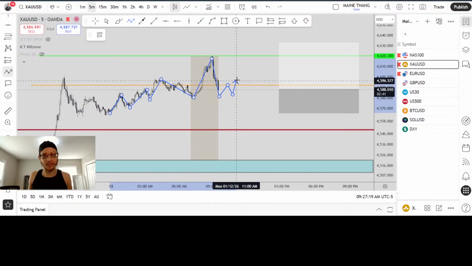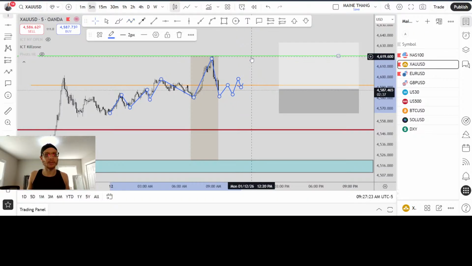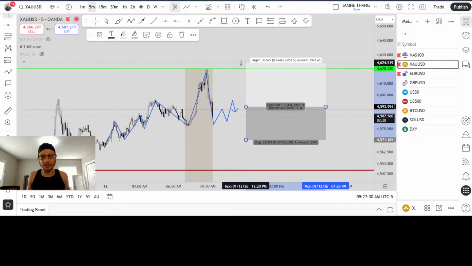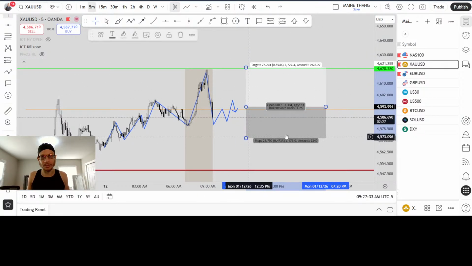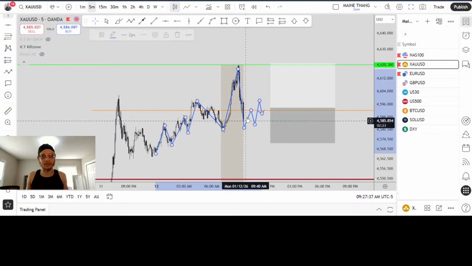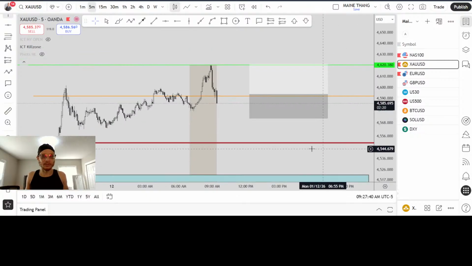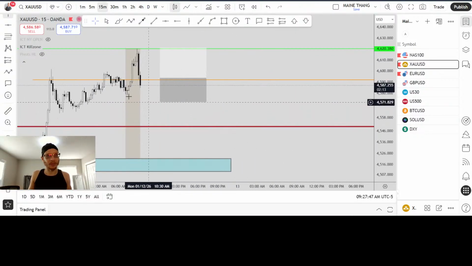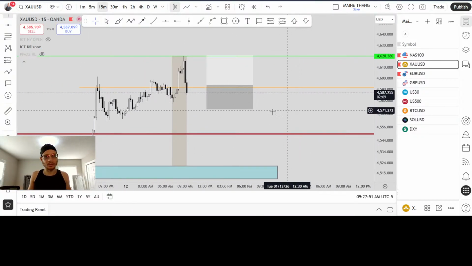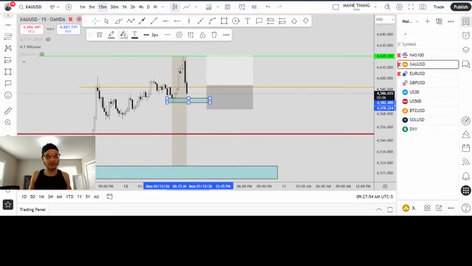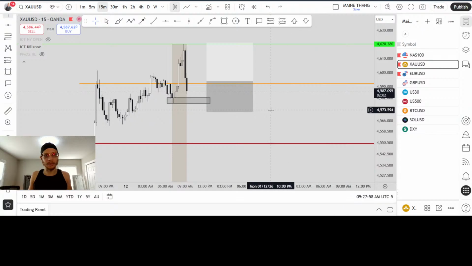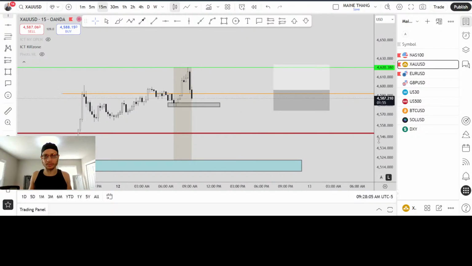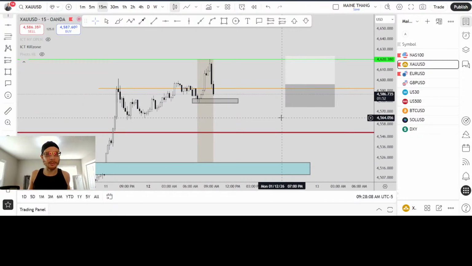If it starts breaking structure above indication, we can look to get at least a 1-to-1. That's a 15-minute low. We want to keep an eye on this area here, see if price respects it or not. And again, we're only looking for buys because we're in a buyer's market.